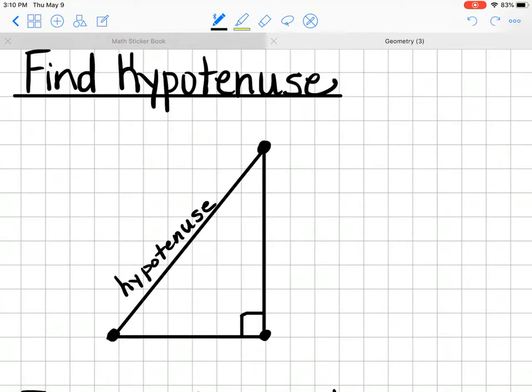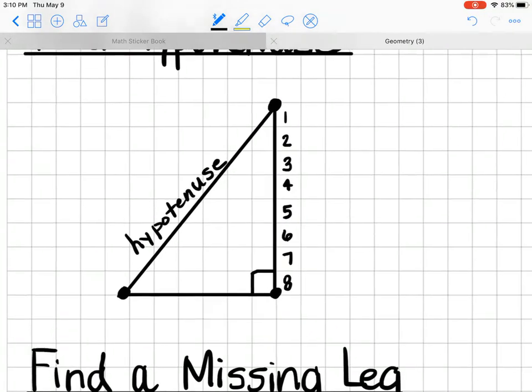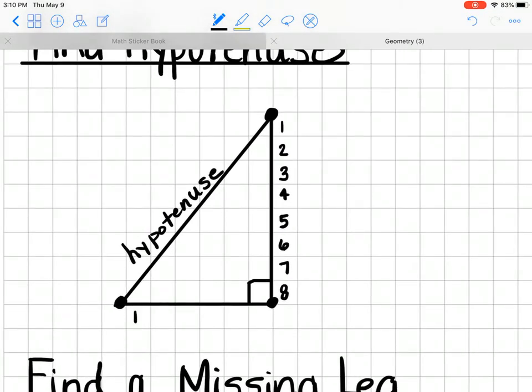Hypotenuse is across from that. So how can I find the numbers that I need? Because this is graph paper, we can count them. So here is 1, 2, 3, 4, 5, 6, 7, 8 units. And here is 1, 2, 3, 4, 5, 6 units.